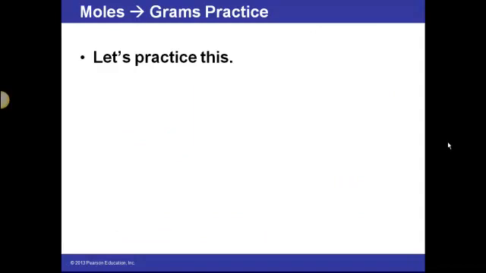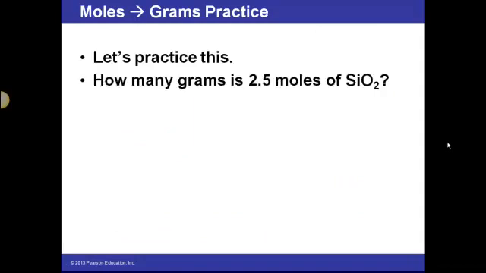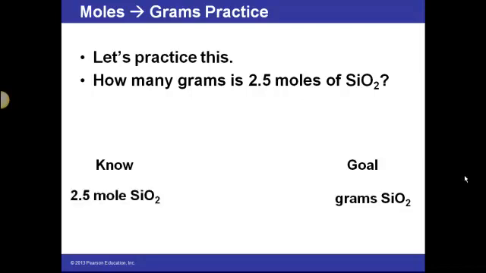Alright, so let's do some practice. How many grams are in 2.5 moles of silicon dioxide? So your goal is to get this into grams of silicon dioxide, and to do that we have to figure out how many grams are in a mole of silicon dioxide. So we know we've got 2.5 moles.